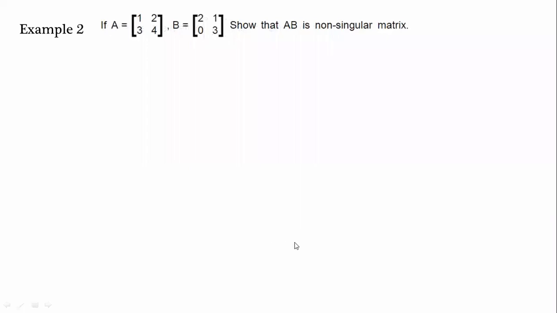Next. Again, A and B are given. They have asked to show that AB is non-singular. Find out AB first. [1, 2; 3, 4] and this is [2, 1; 0, 3]. I hope now multiplication is clear to everyone.